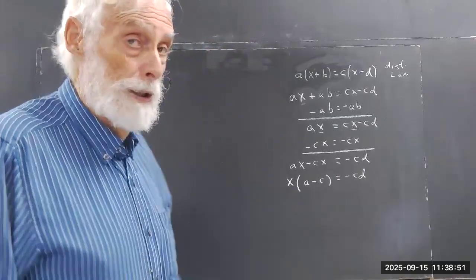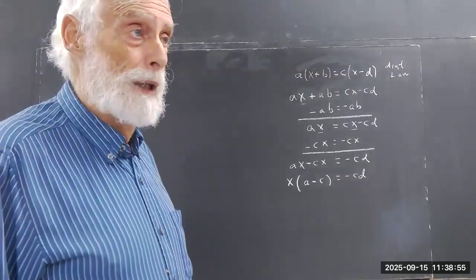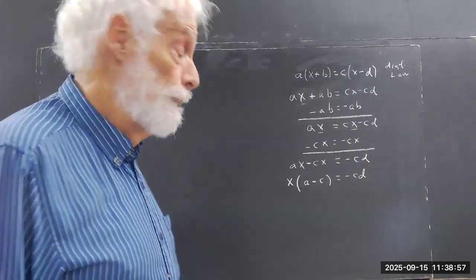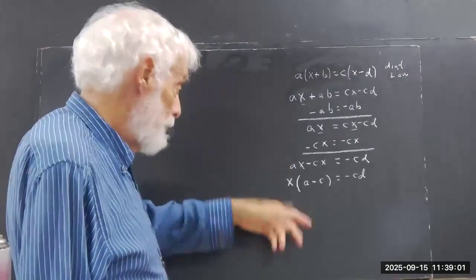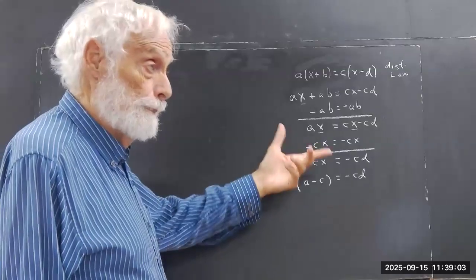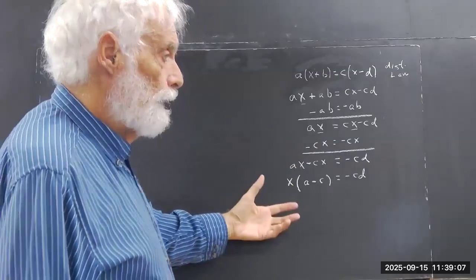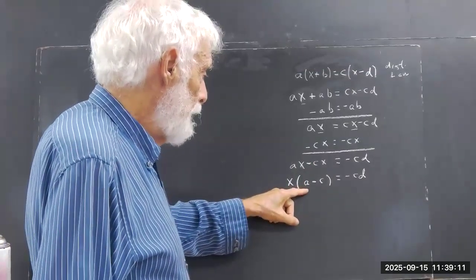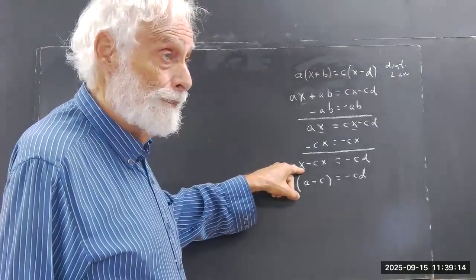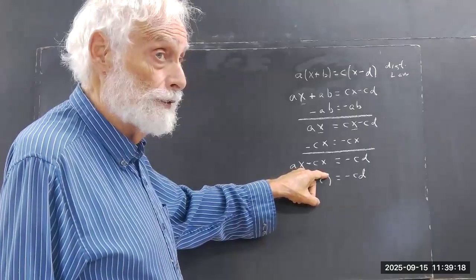Now, we went over this last time. I believe it appears in the open math videos and in some of the problems. But maybe not. And even if it doesn't, I want you to be able to do it because it's very important. You can verify by the distributive law that if I multiply X by A, I get A times X. And if I multiply X by negative C, I get negative CX.